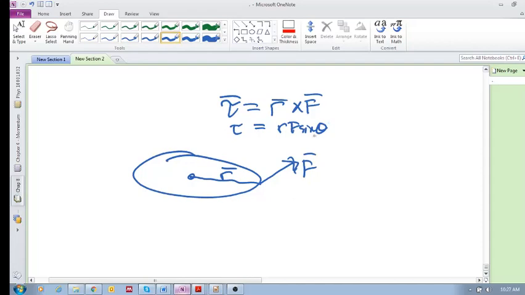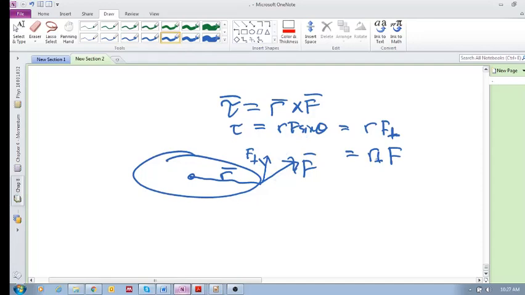And so what this means is, this sine theta component is either R times the perpendicular component of F, or R perpendicular times F. That's what this is doing.